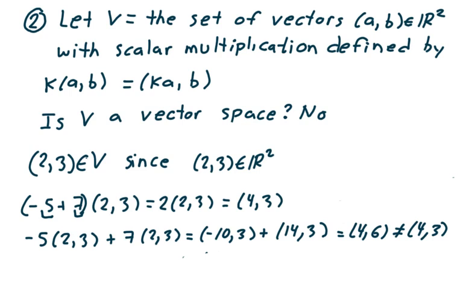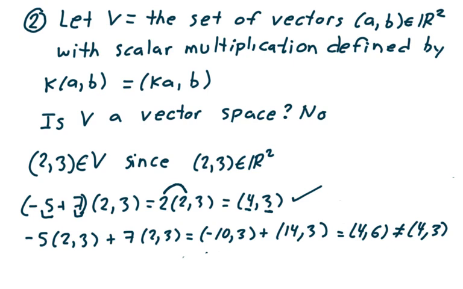But negative 5 plus 7 is equal to 2. So this is 2 times the vector (2, 3). But the way scalar multiplication works, I'm going to take 2 times the first component to get 4, and then 3 gets left alone. So we get the vector (4, 3).